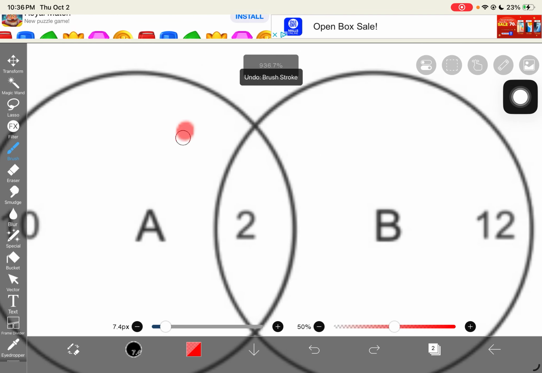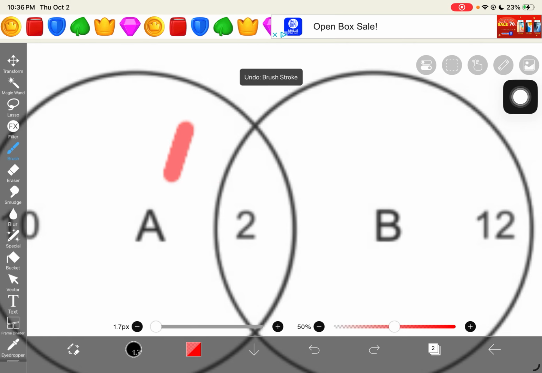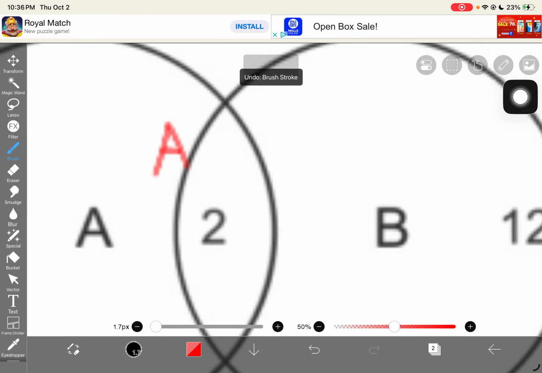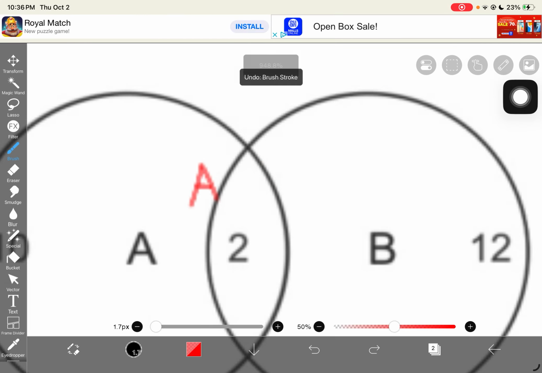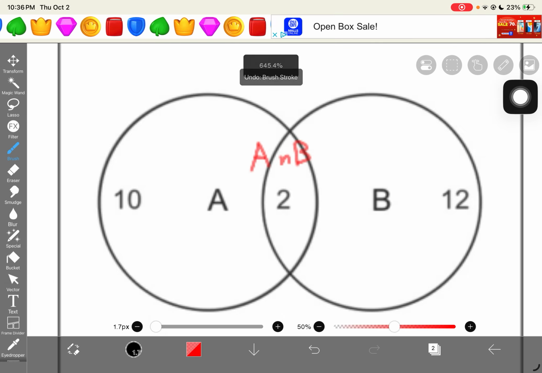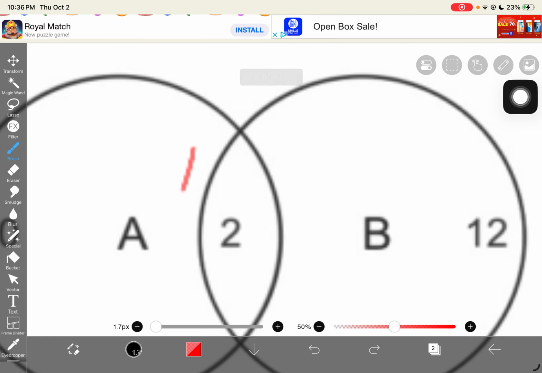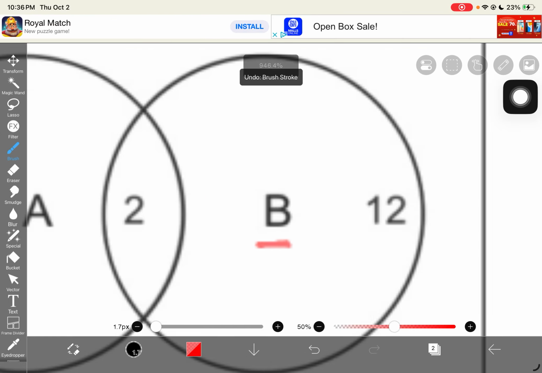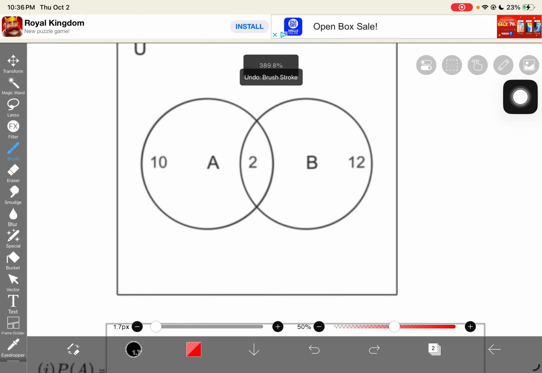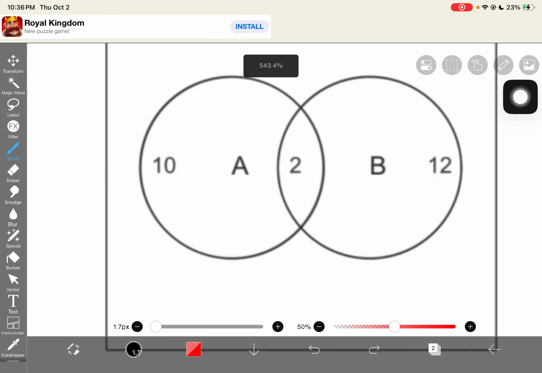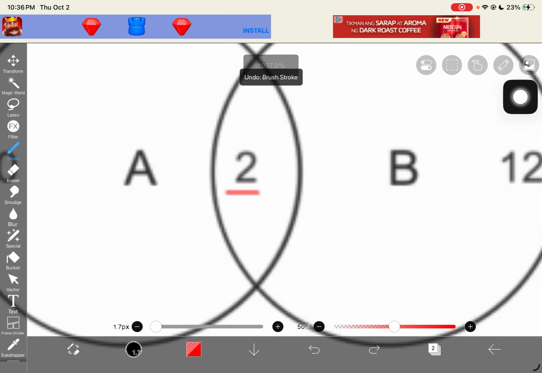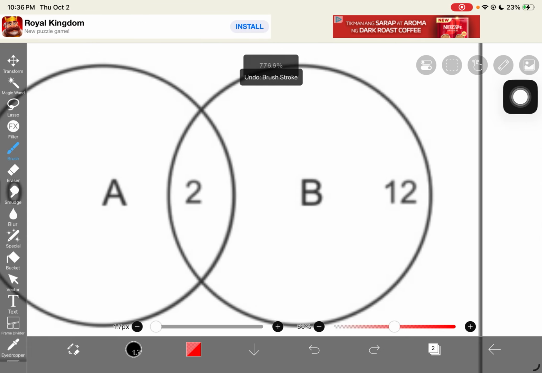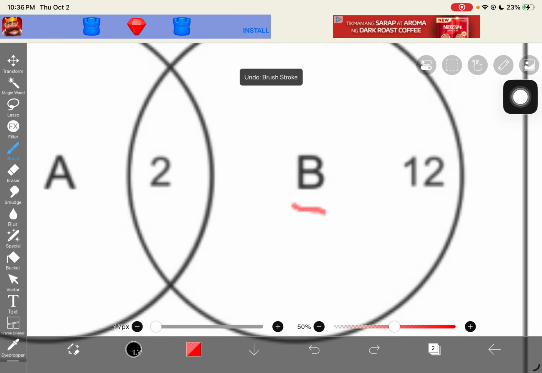This intersection is called A intersection B, because this is where A and B meet, and this is called B. We call this 10 part of set A, this 2 part of sets A and B, while this 12 is just part of B.